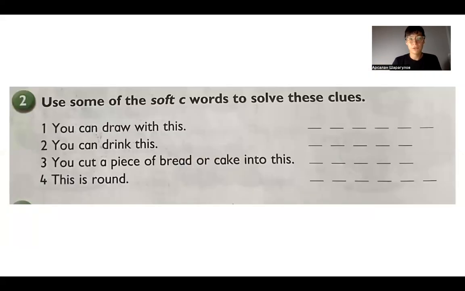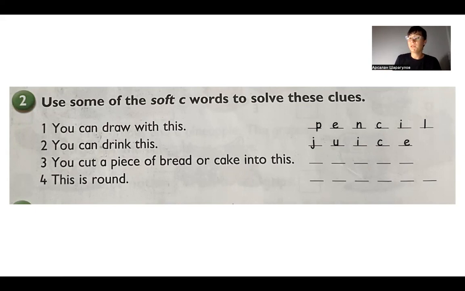Now, exercise number 2. Use some of the soft C words to solve these clues. You can draw with this. I'll give you a hint. You can draw with this. Pencil. But you can drink this. Drink juice.